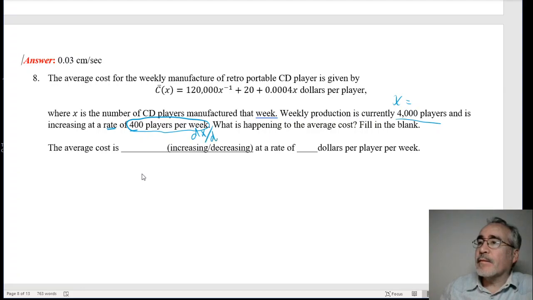What is happening to the average cost? So we've got x here. We've got our cost. What we want to do is take the implicit derivative of both sides. So let's go ahead and just kind of list it.